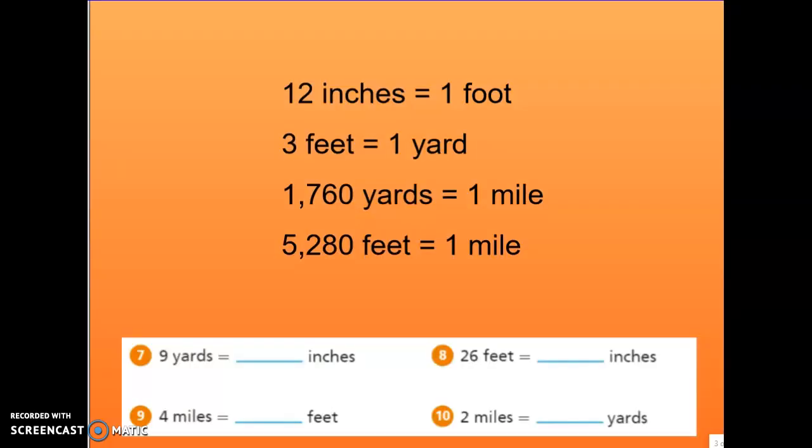All right, so review. 12 inches in a foot, 3 feet in 1 yard. Now, here's the two numbers that get really crazy. 1,760 yards are in 1 mile. Also, that would mean that there are 5,280 feet in 1 mile.